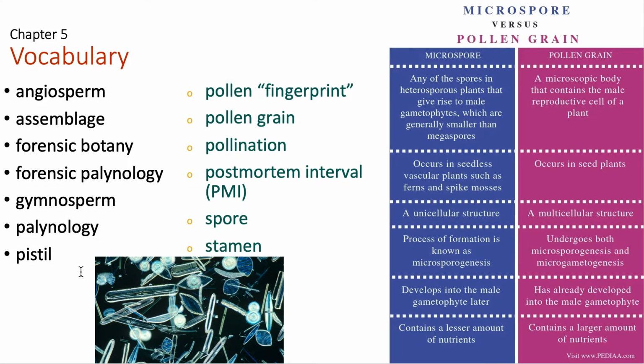The pistil is the female part of the flower, the stamen being the male part. Spores are how seedless plants reproduce. Okay, a pollen fingerprint is what's going to be used to match it to an area.